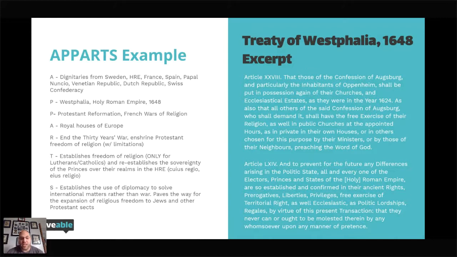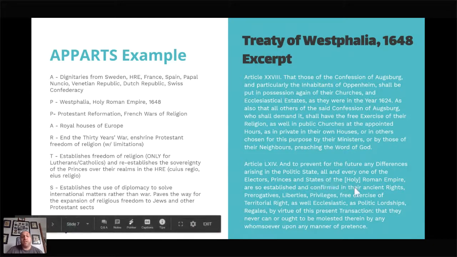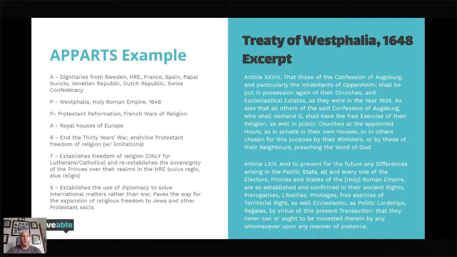Okay, you just need to know to prevent future problems, it's established to confirm liberties. Right? I cut out all of these words that are just flowery language. They're just there to expand upon, make it sound better than what it really is.